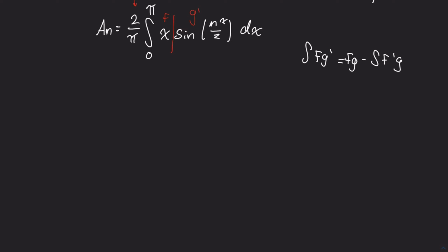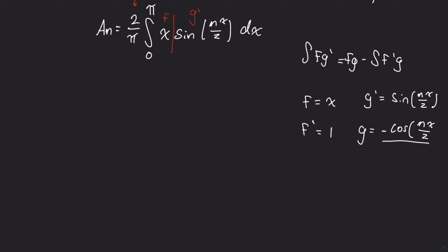So over on the right, I'm going to write our f term is equal to x, f prime equals 1, g prime equals sine of nx over 2, and our g term is going to be negative cosine of nx over 2 divided by n over 2, and this is really equal to negative 2 cosine of nx over 2 over n.